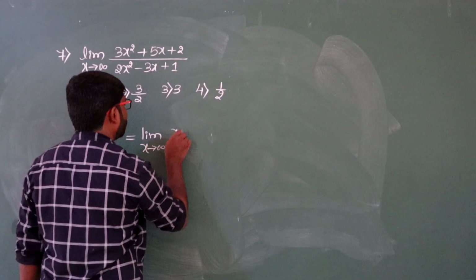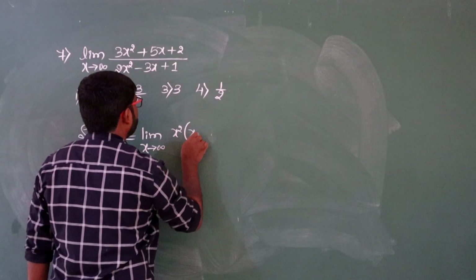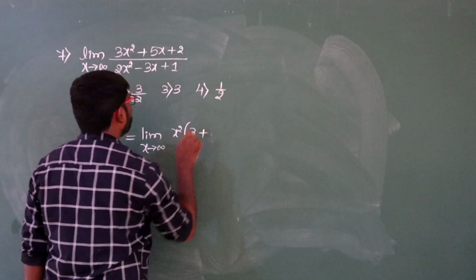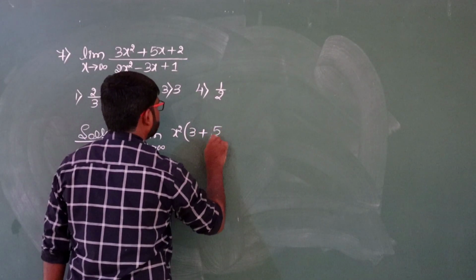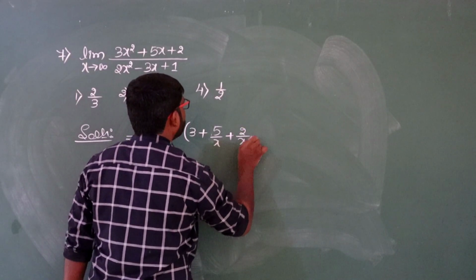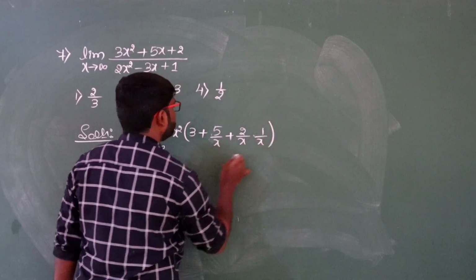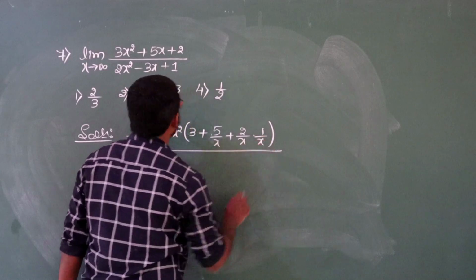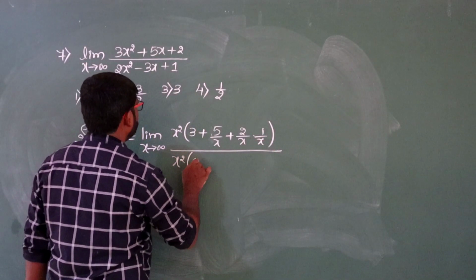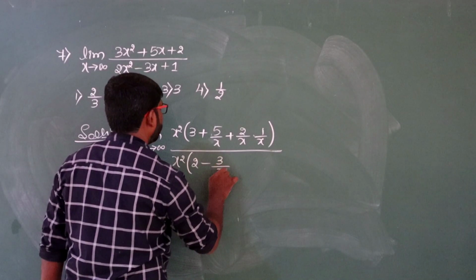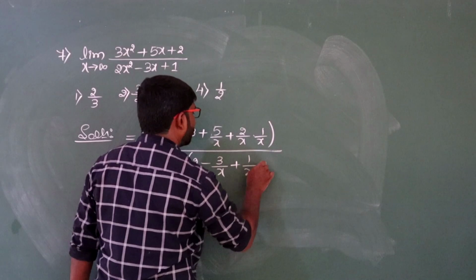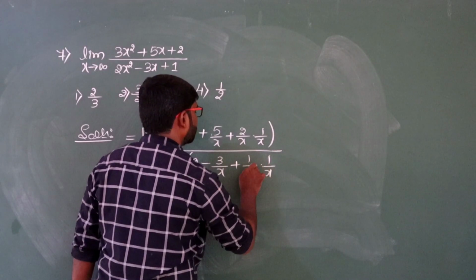X square. So what do we have? 3 plus 5 by x plus 2 by x square, which can be written as 2 by x into 1 by x. Then divided by, now take x square common again. What do we have? 2 minus 3 by x plus 1 by x square, which can be written as 1 by x into 1 by x.